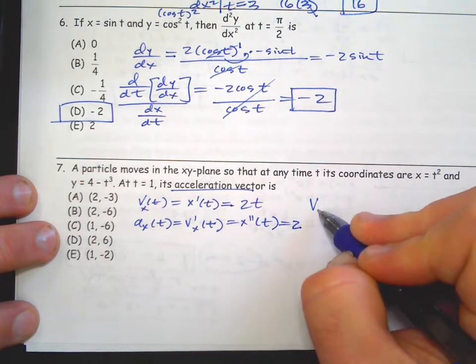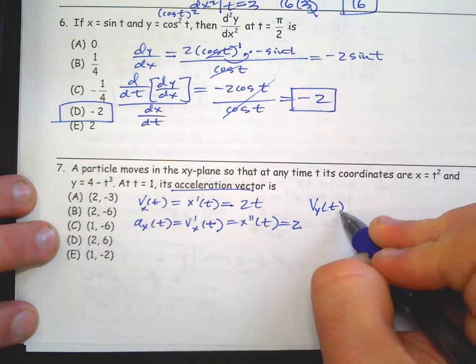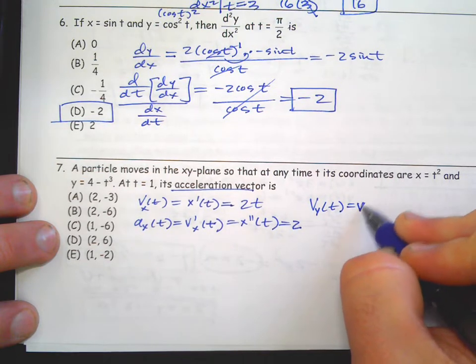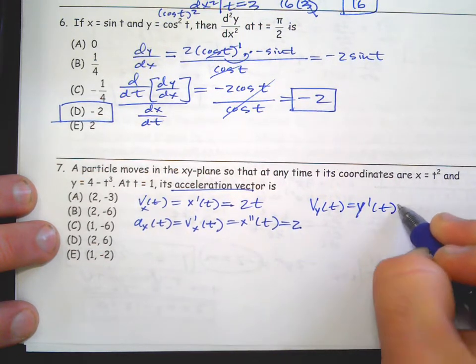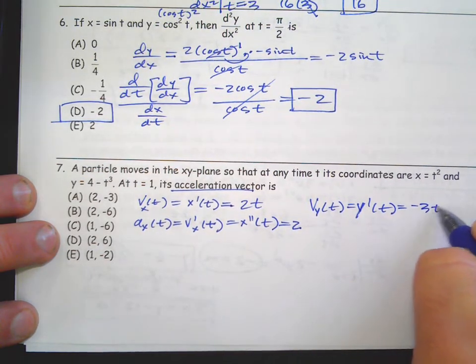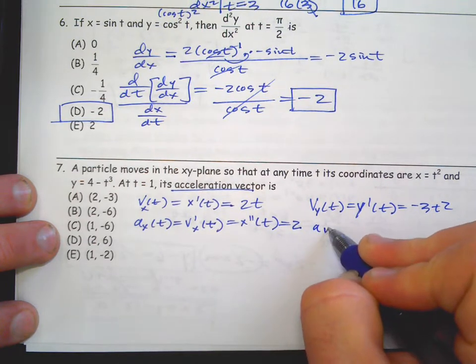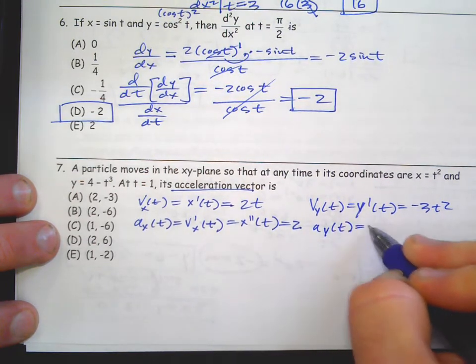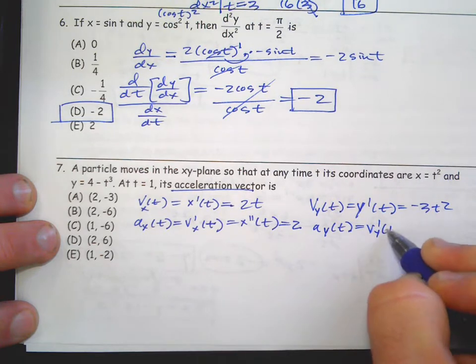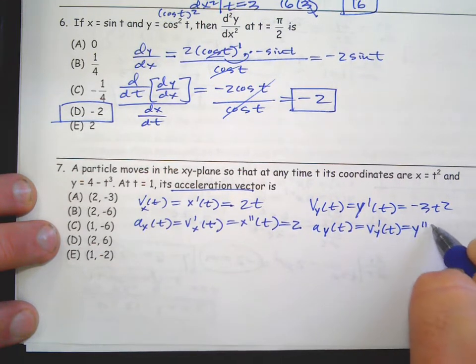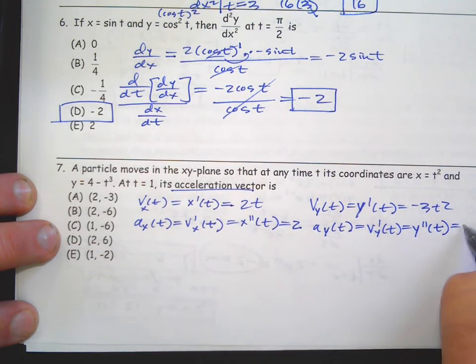And the velocity in the y direction is going to be the derivative of the y position, which is going to be negative 3t squared. Acceleration in the y direction is going to be the derivative of the velocity in the y direction, or the second derivative of position, which is going to be negative 6t.